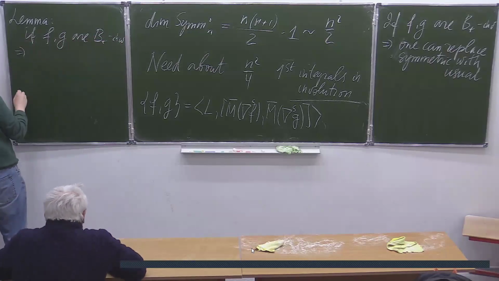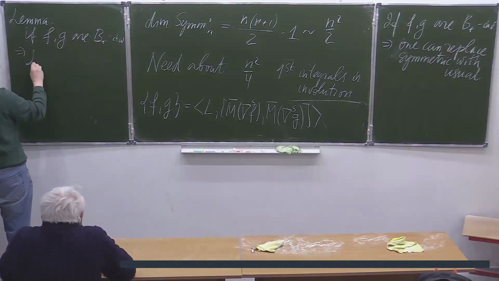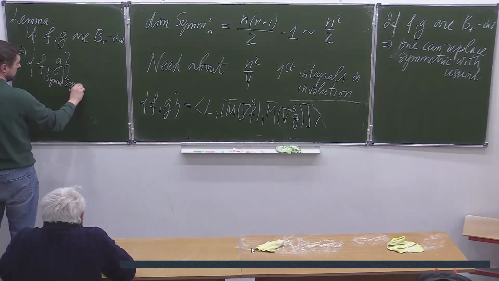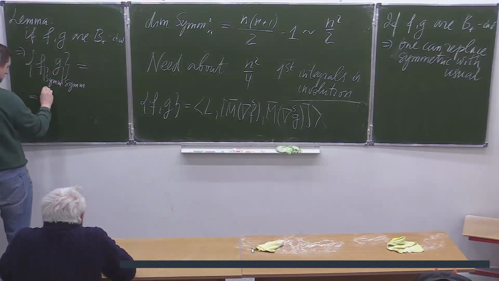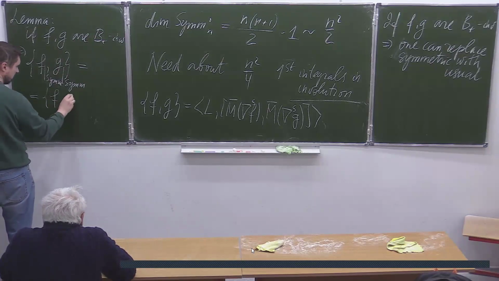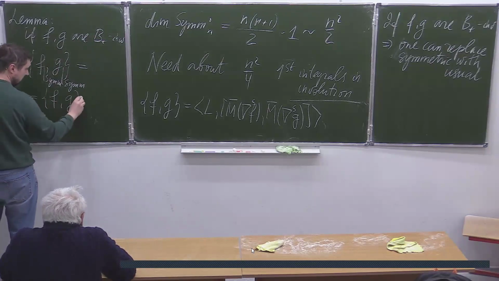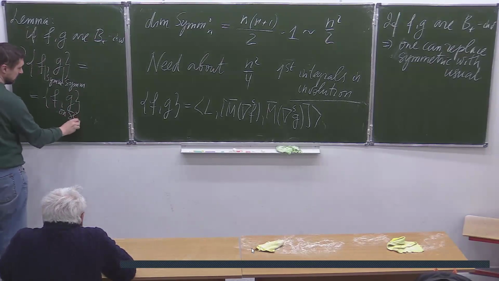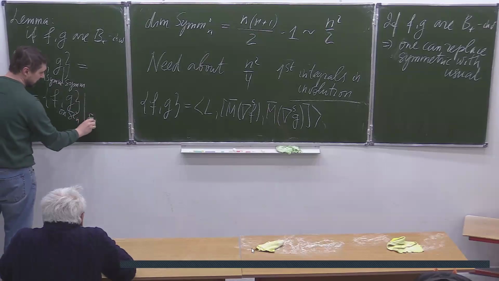then the Poisson bracket of their restrictions onto symmetric matrices is equal to the restriction of the bracket of these two functions on SLN. So we take the Poisson bracket on SLN and restrict it to symmetric matrices.